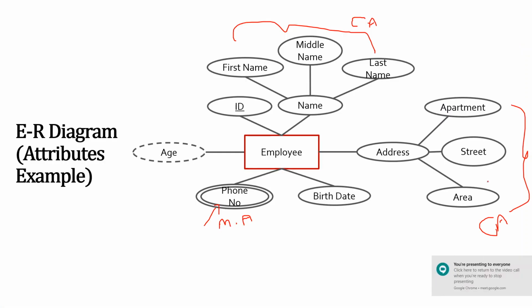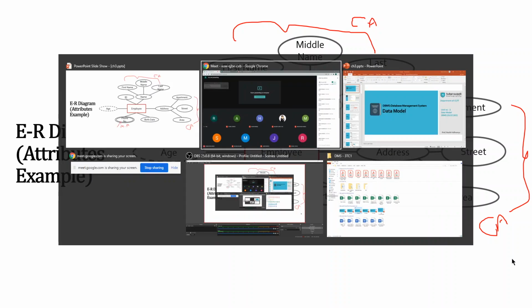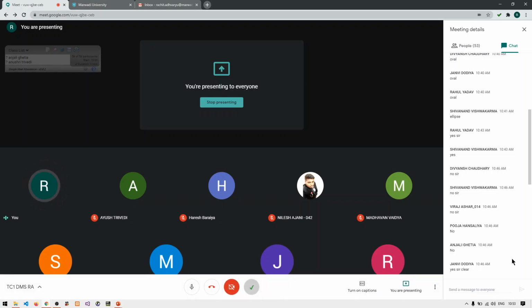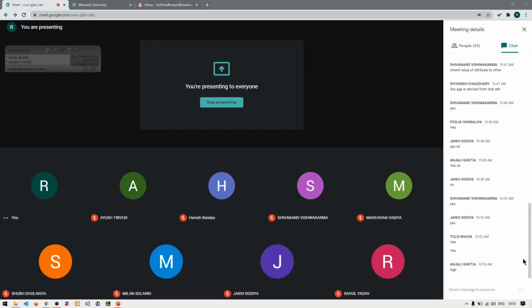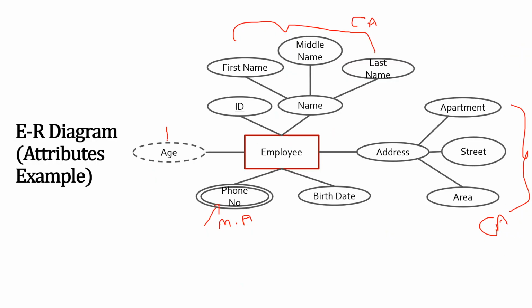Okay, Anjali, can you tell me where is the derived attribute? Anjali, where is the derived attribute? Age, right? So this age is a derived attribute and it is being derived from this particular birth date, right?